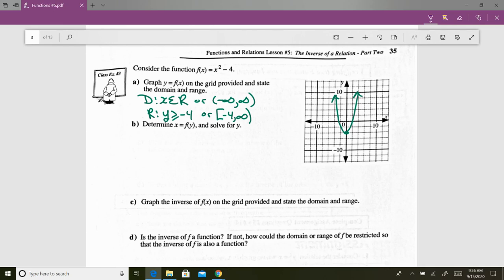Switch x and y, right? So if I write it at the beginning as y is equal to x squared minus 4, switch your x, y. Move 4 over. Then what do I do?